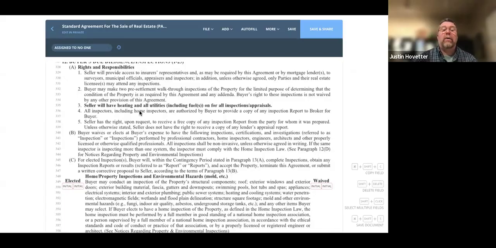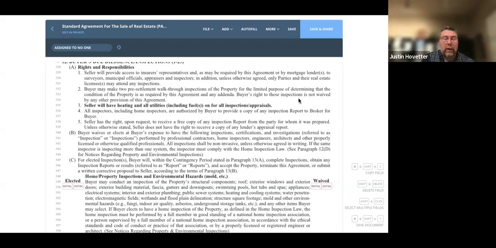Now, the seller will have all heating and all utilities, including fuel, on for all inspections and appraisals. Inspections being walkthroughs, because that's characterized in this clause. That walkthrough is an inspection.